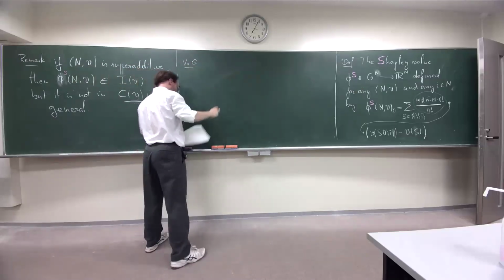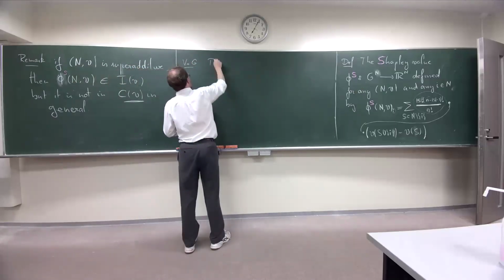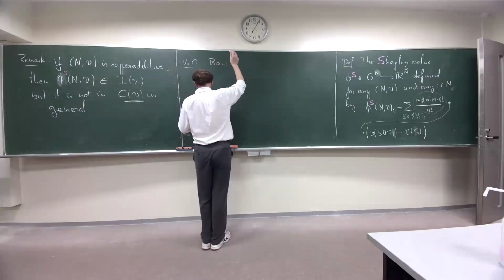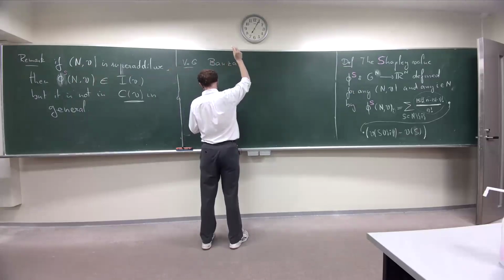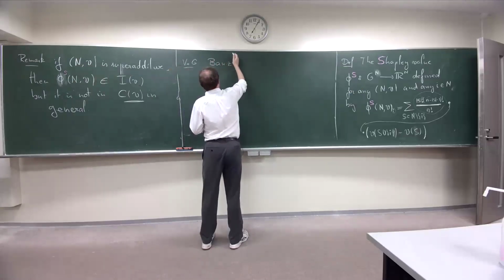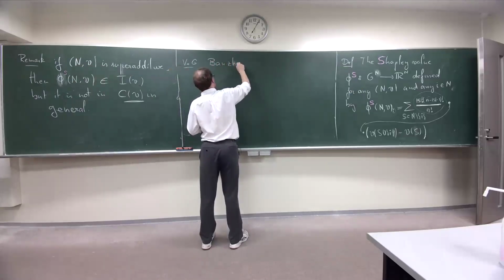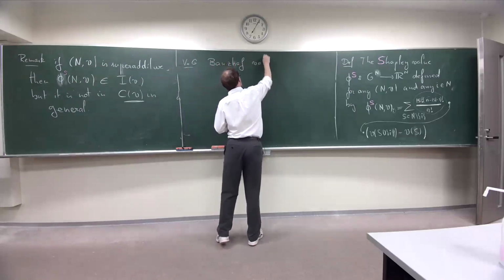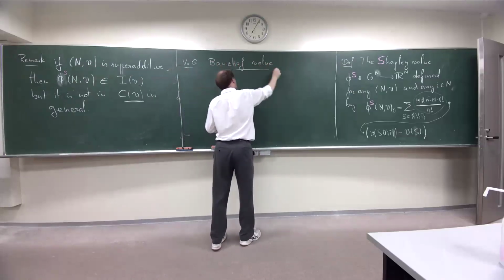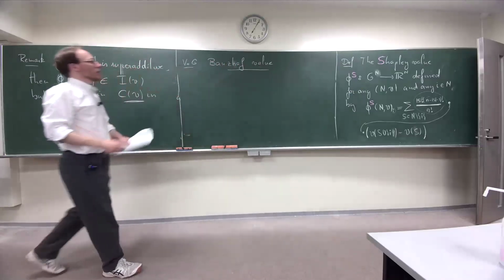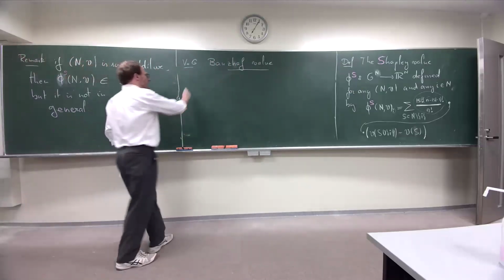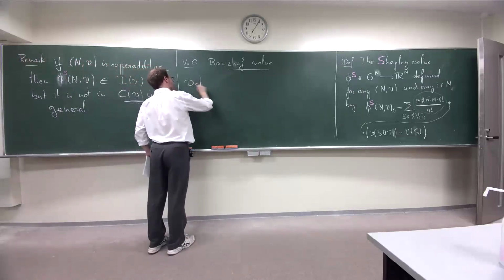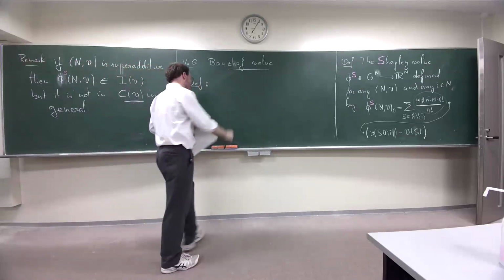Section 5.6, a second rule, a bit less interesting, but still we can learn something. It's called the Banzhaf value. It's another allocation rule, so it's going to do the same. This time I start by defining it. What is a Banzhaf value?